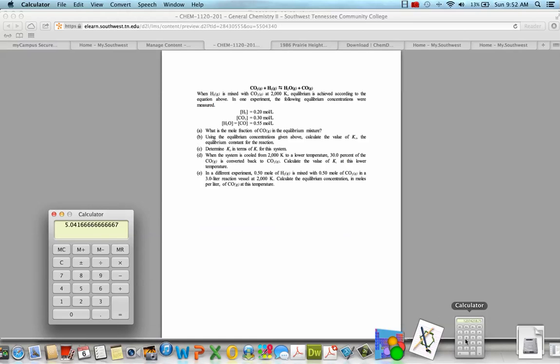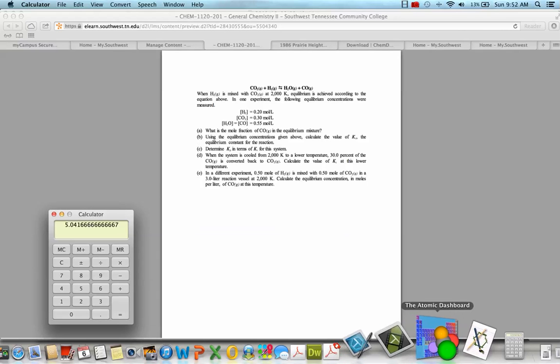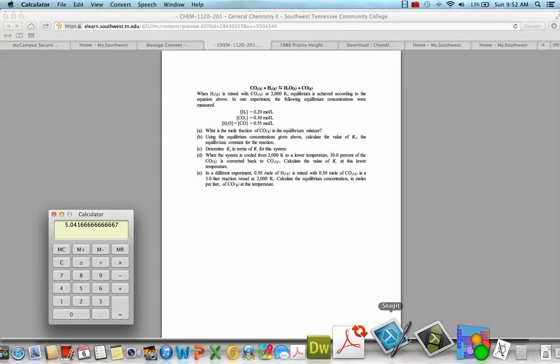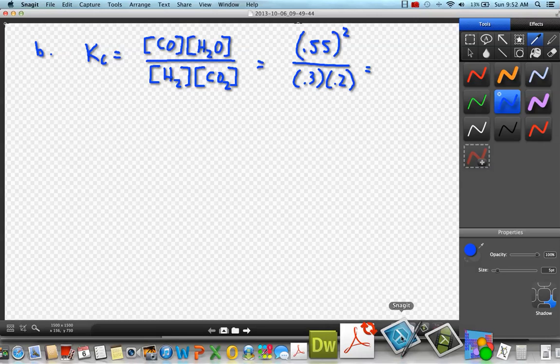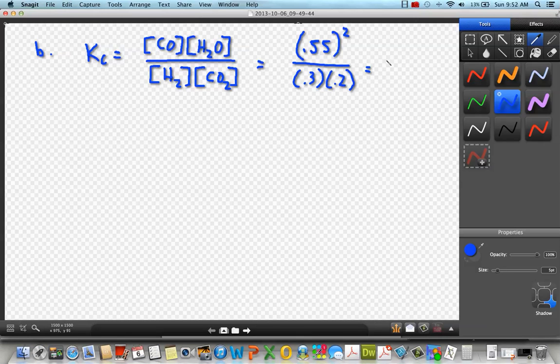And I get an equilibrium constant value of 5.04. Which answers part B.